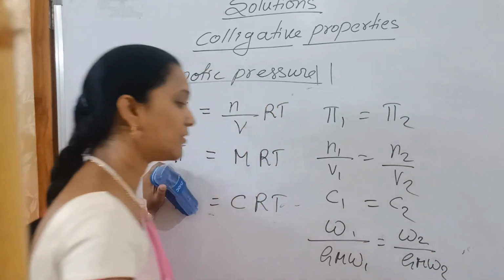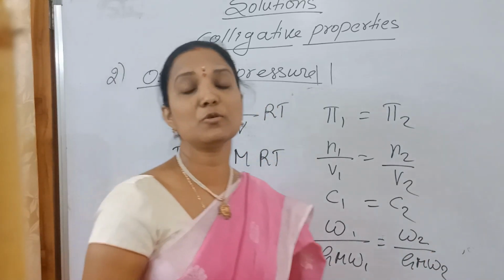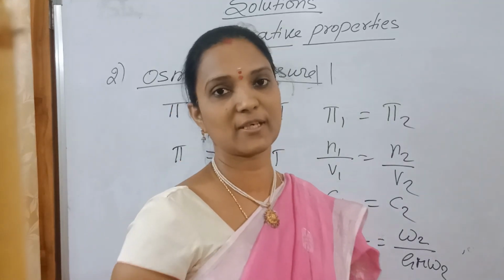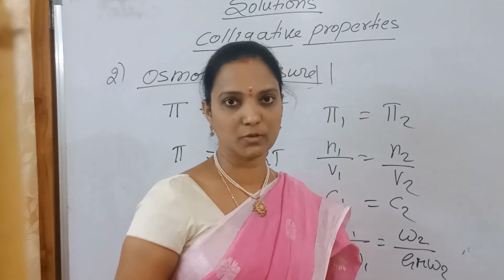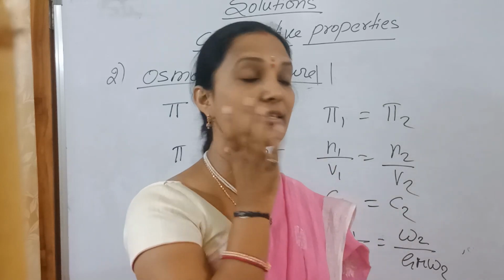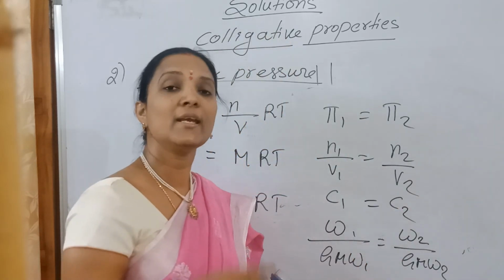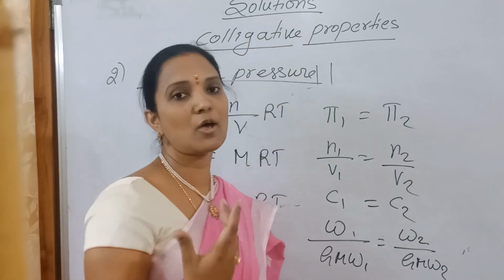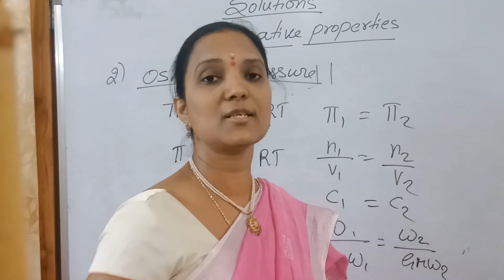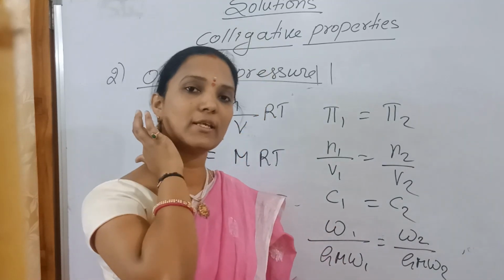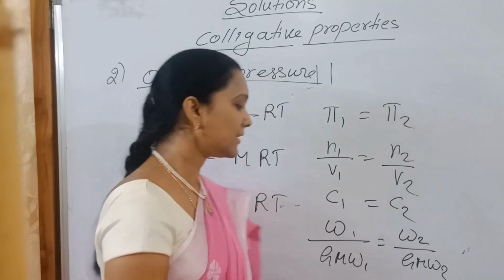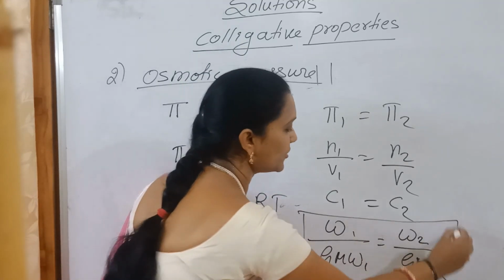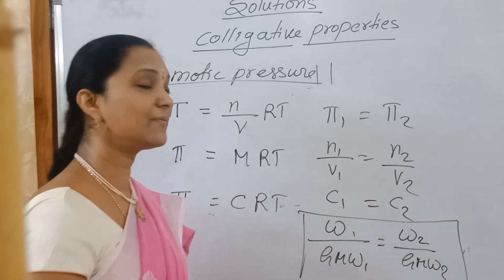So here, based on osmotic pressure, two solutions have the same osmotic pressure. One solution is urea solution. In another solution, one non-volatile solute is added. What is that solute? We don't know. Find the molecular mass of that solute. Given this, we should apply this formula.